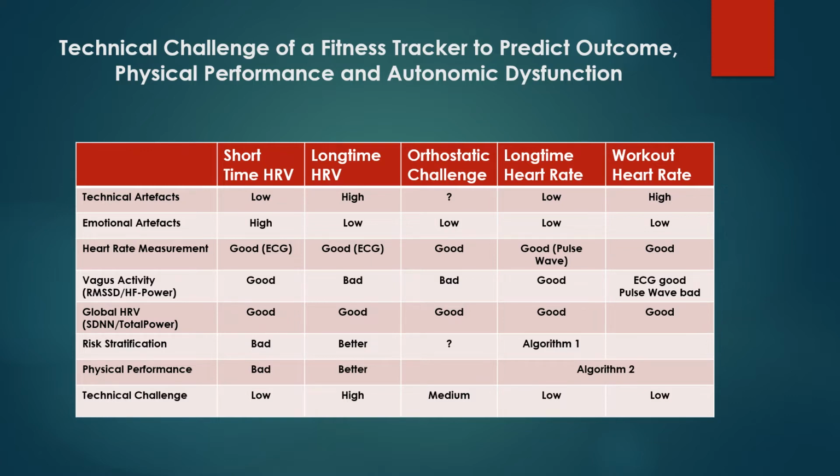It is relatively complicated to measure vagus activity, of course, because of artifacts, and it seems to be better possible to measure global heart rate variability by using some algorithm. In the lecture, I introduce two algorithms to improve risk stratification and to improve measurement of physical performance.